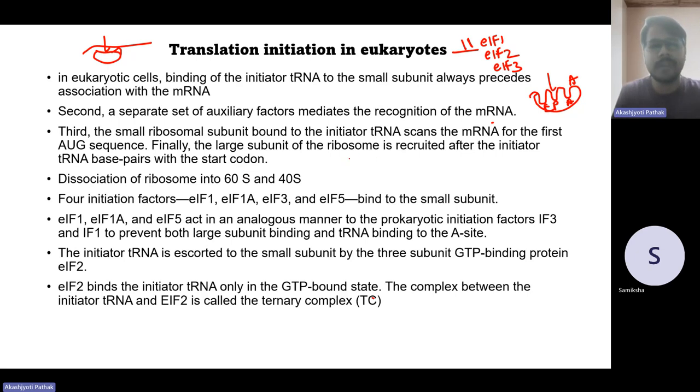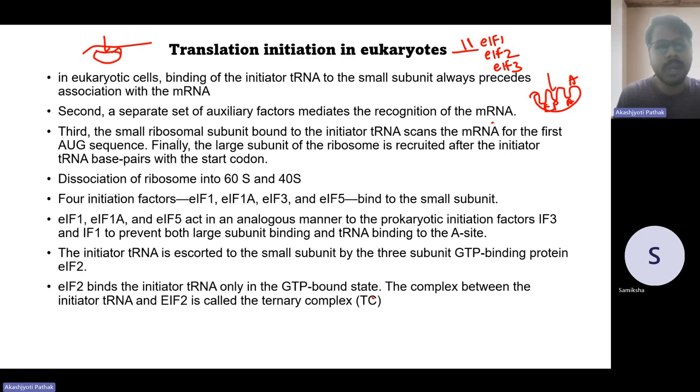So first the initiator tRNA is recruited, and once the ribosome finds the AUG codon, it will then associate with the large subunit of the ribosome. So that is what is explained.